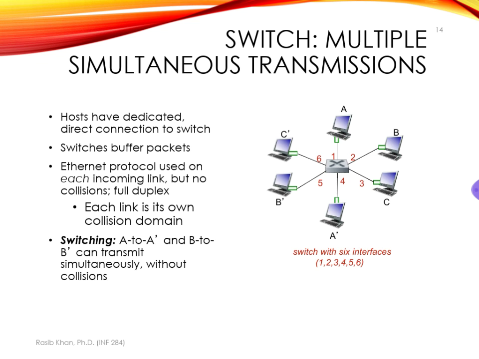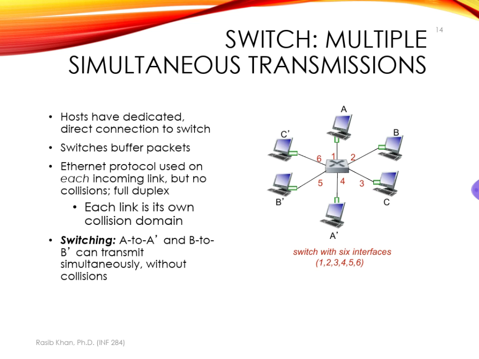Let us consider a scenario where there are multiple hosts all connected to a single switch. In this case, there are 6 hosts, all connected to a single switch on ports 1 through 6. Whenever the switch receives one of these frames, it buffers the packets, and the incoming link is known with respect to the source and destination.